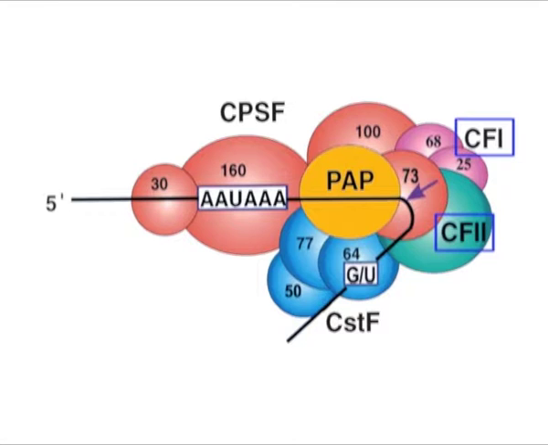They are recruited to the cleavage site by cleavage and polyadenylation specificity factor and cleavage stimulatory factor, and form a complex that also includes poly-A polymerase, which performs the polyadenylation reaction.